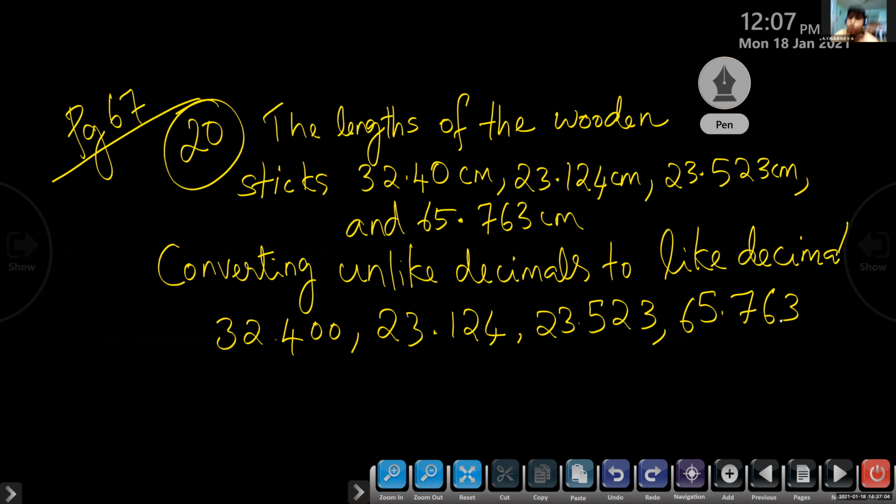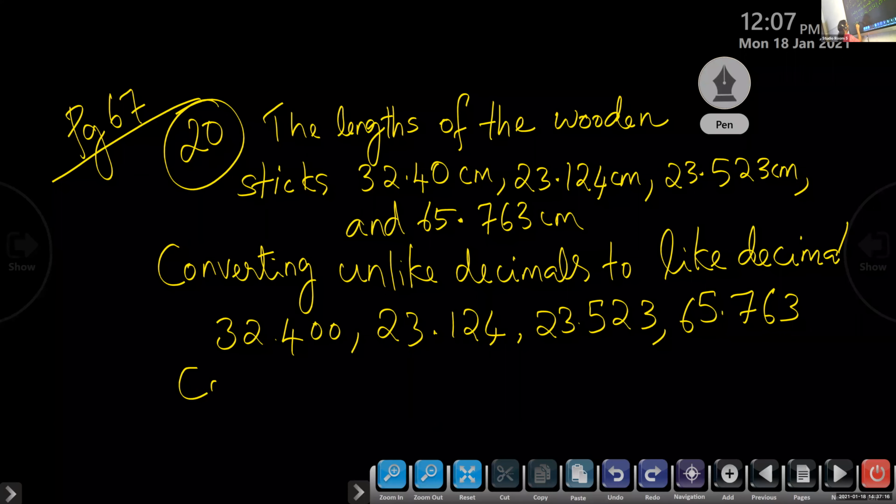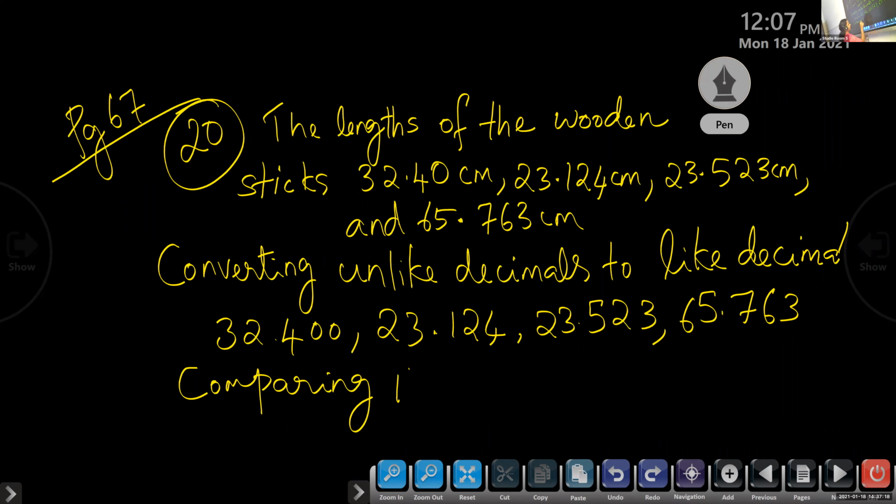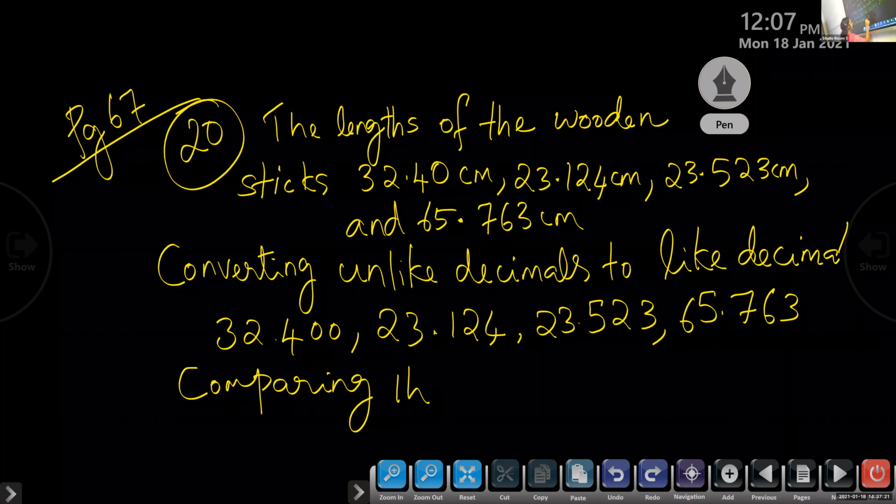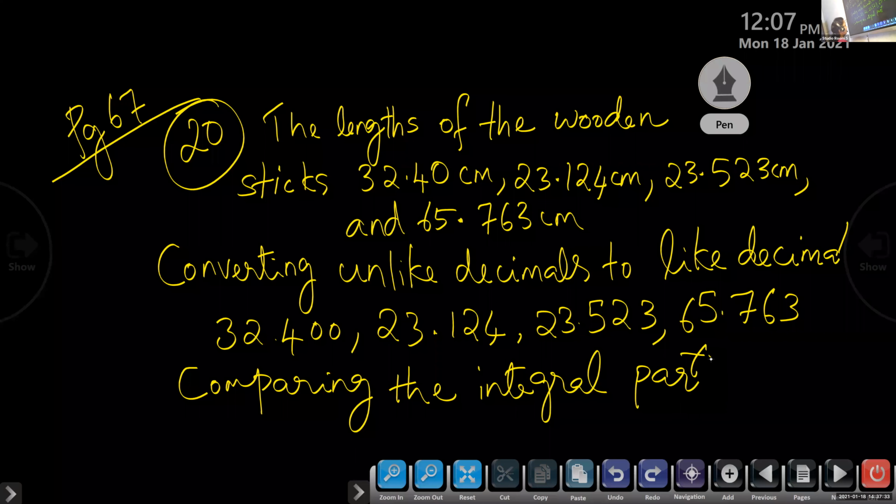So comparing the integral part, it is clear. Which is the smallest one? We have 23. Then we can compare the tenth place.